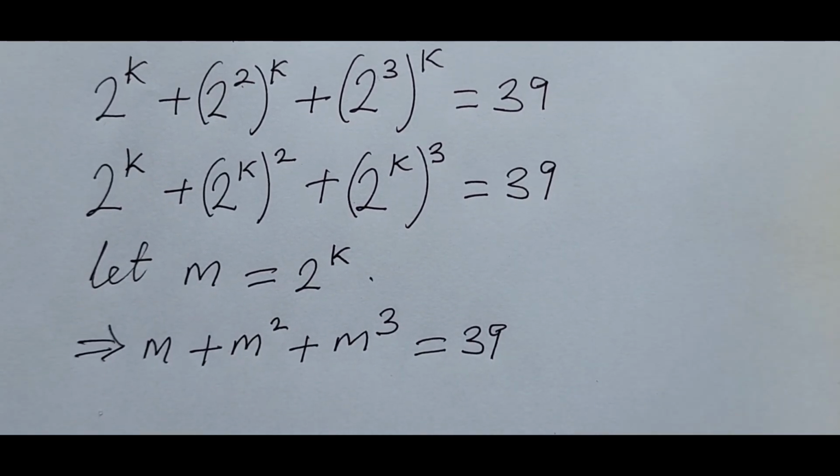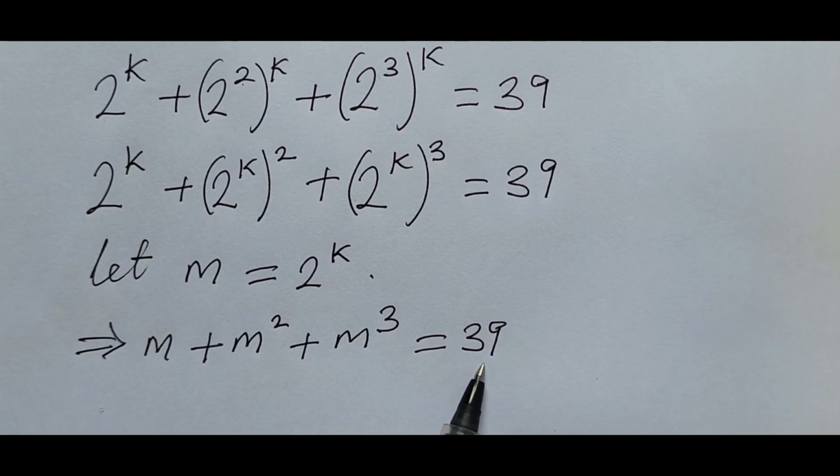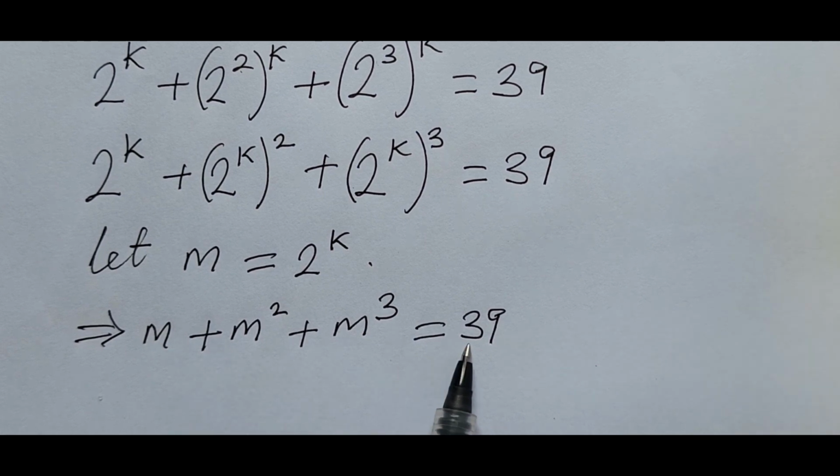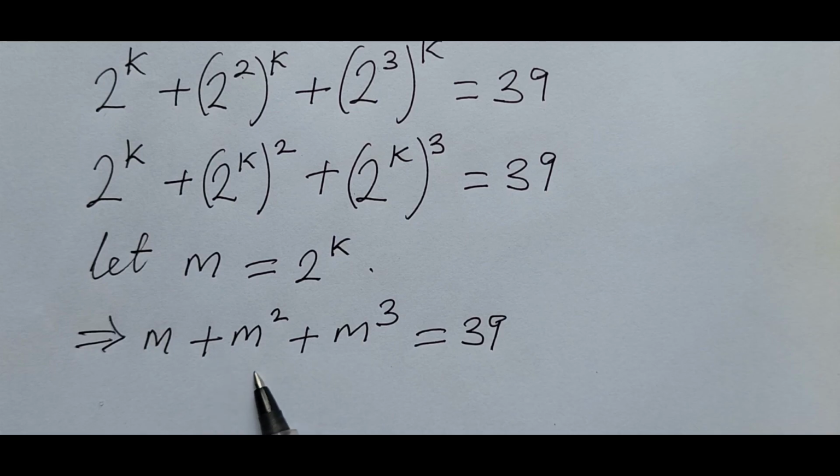Okay, so if we have this to be 39, all we just have to do here is apply a simple trick. We look at this number you have here, 39. Can we split 39 into an expression that will enable us to have a certain number raised to 1 plus that same number raised to 2 plus that same number raised to 3? Yes, good.